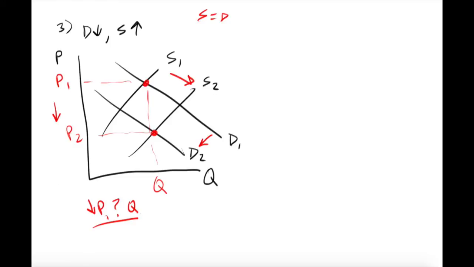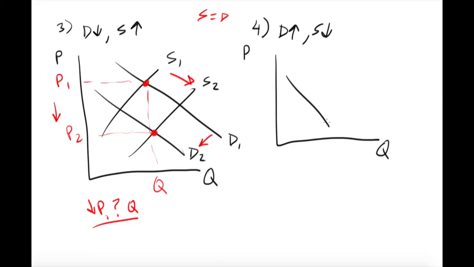Now let's look at the last scenario in which we have the opposite of this, so a rightward demand shift and an inward supply shift. So in this case, drawing our standard diagram. Here we know that the supply is going down, so moving up to the left. And then what we also know is that the demand is going outwards to the right.